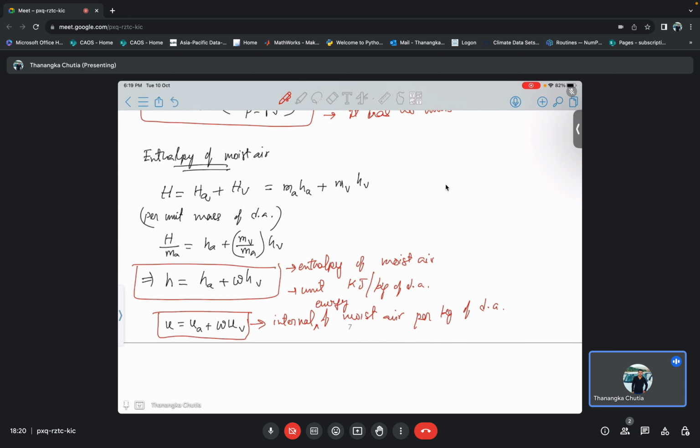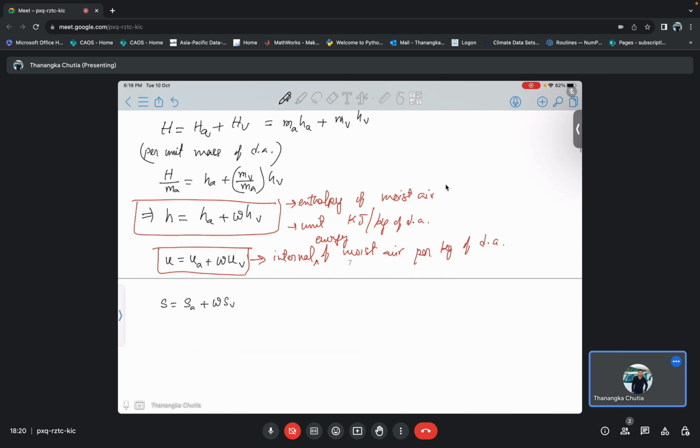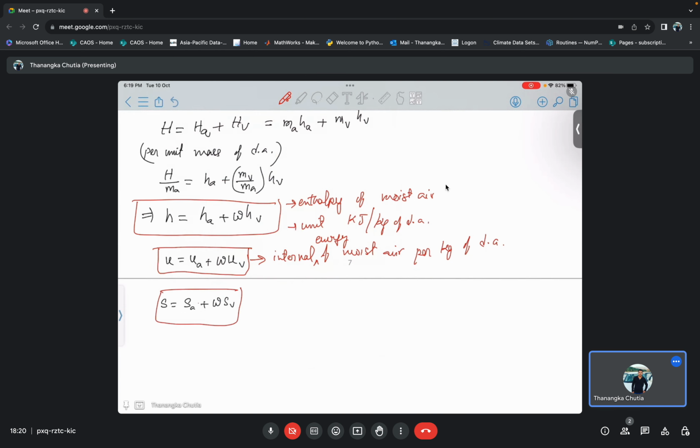Similarly we can also write an expression for entropy. That small s will be equal to SA plus W times SV. We will be dealing with the saturation points in the later part, so right now we will remember this only. This is the entropy of moist air per kg of dry air.